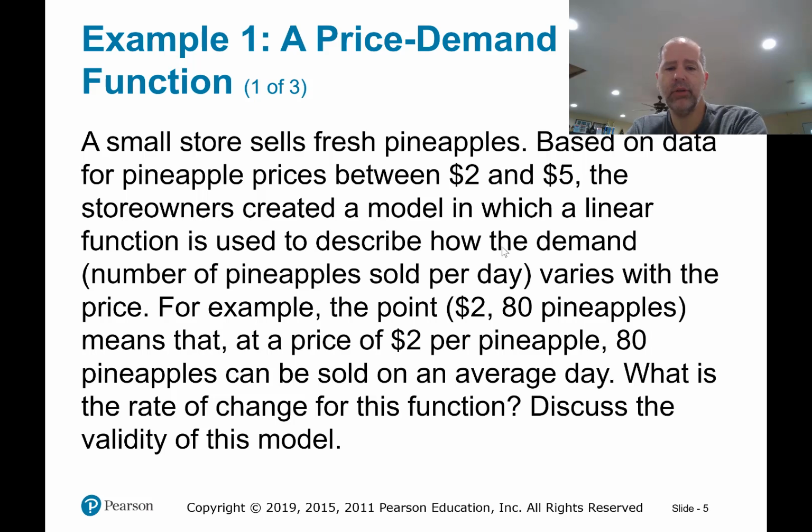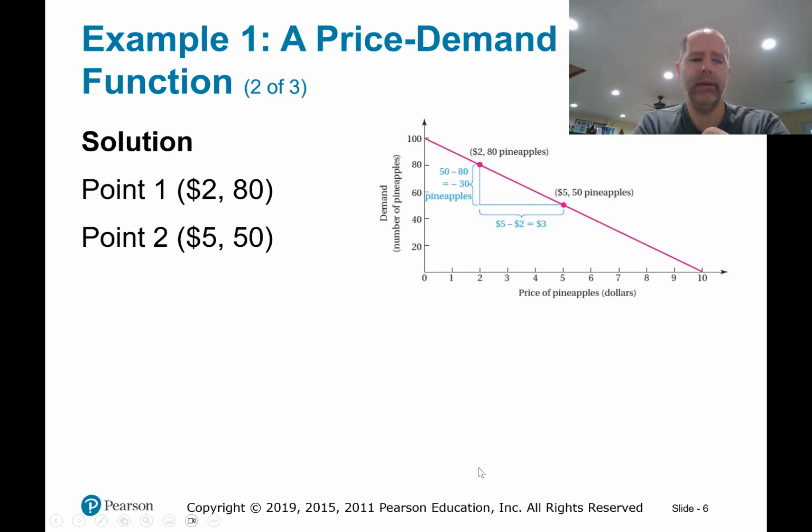Okay, so we're going to look at the 2 points. We're going to figure it out. So if we look at point 1 and point 2, so we're going to find the slope, right? All we have to do is take point 2, right? And we're going to take the change in the dependent variable, so right here. And so we'll do 50 minus 80 divided by the change in the independent variable.